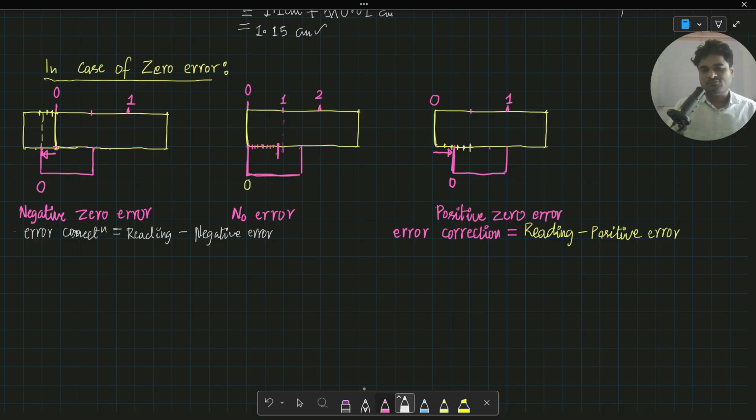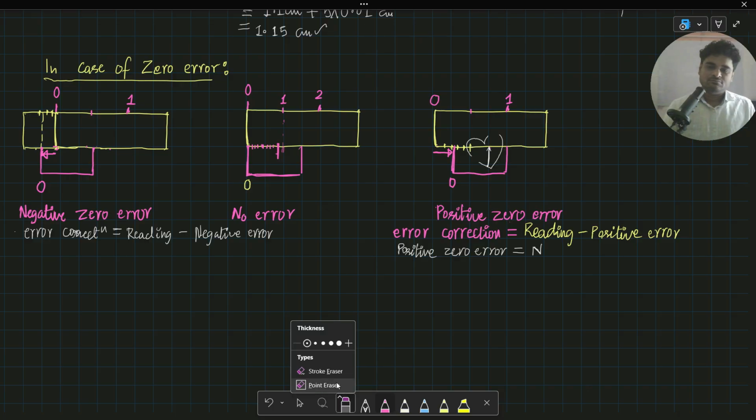How do we calculate this positive error? The formula for positive zero error: let's say the vernier scale is aligning at 2. We'll write the formula like this: n plus whatever it is.